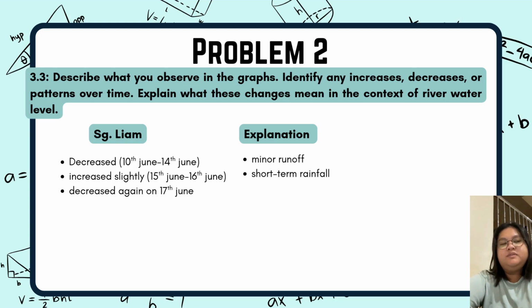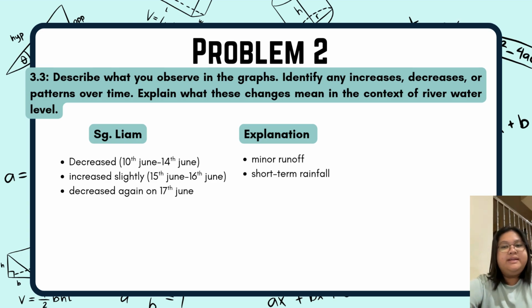Next, I want to describe the observation from the graph, identify any increases, decreases, or patterns over time, then explain what the changes mean in the context of river water level. For this presentation, I chose only one station to describe.